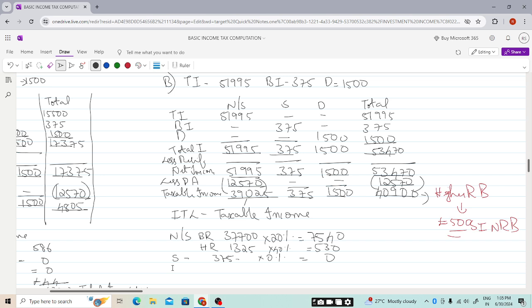Now the dividend income of 1500 needs to be taxed.